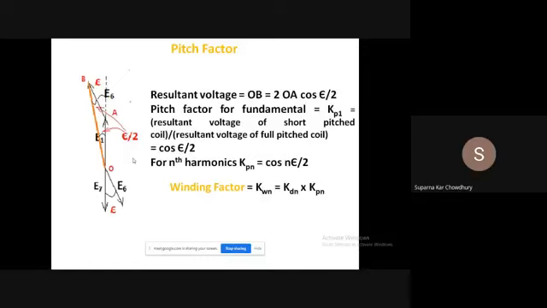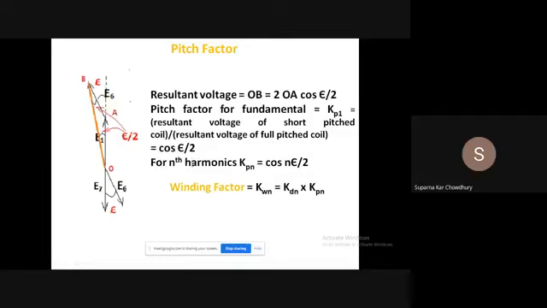So what is the advantage? Now if we have a short pitch distributed winding, it will have a winding factor KDN into KPN in general, for the fundamental and for the higher harmonics. Now here also, what is the advantage of this pitch factor?